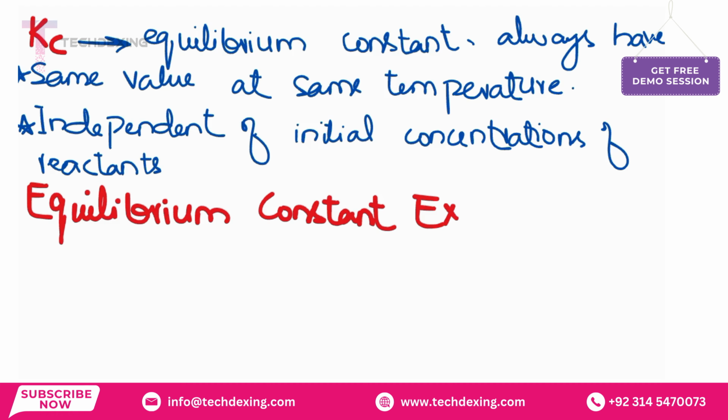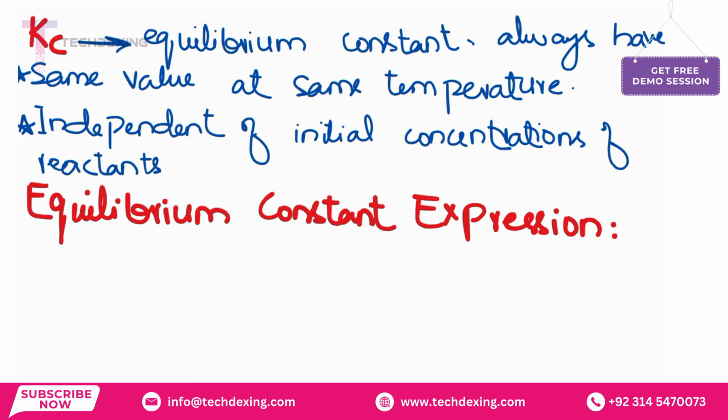Now we are going to write down an equation which would relate the molar concentration of the reactants and the products and the equilibrium constant, right? So we can take an example of a hypothetical reaction between A and B.